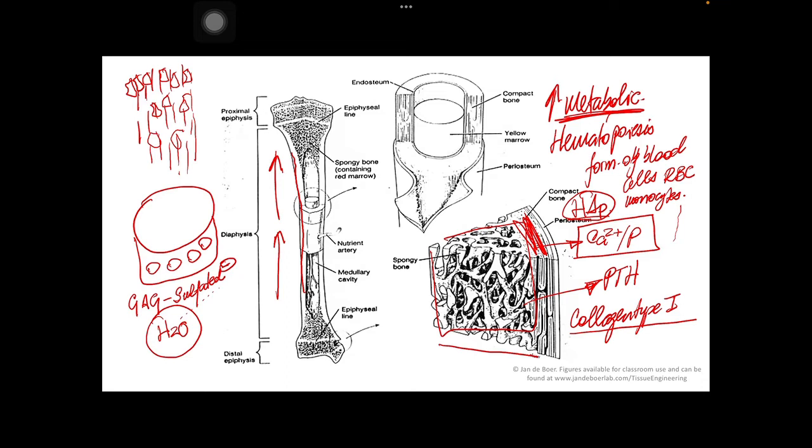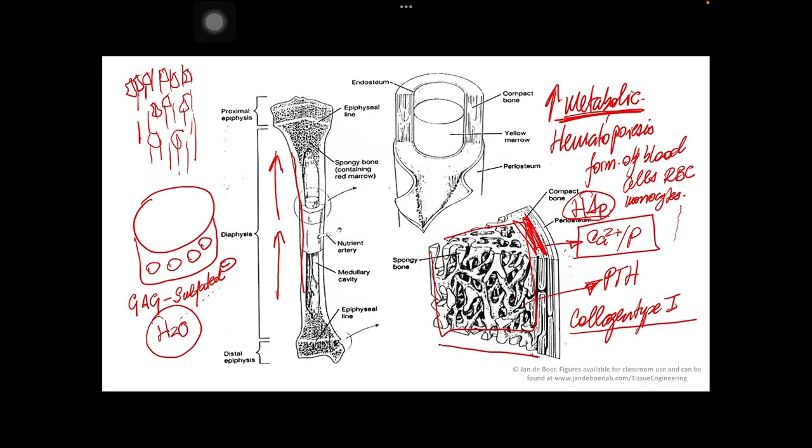Bone also has other types of proteins and lipids that are part of the structure. As I said, the mineral part is important for the rigidity and the compressive strength of bone, and the collagen parts give a more elastic and flexible capacity to the bone. There are different types of cells in bone.